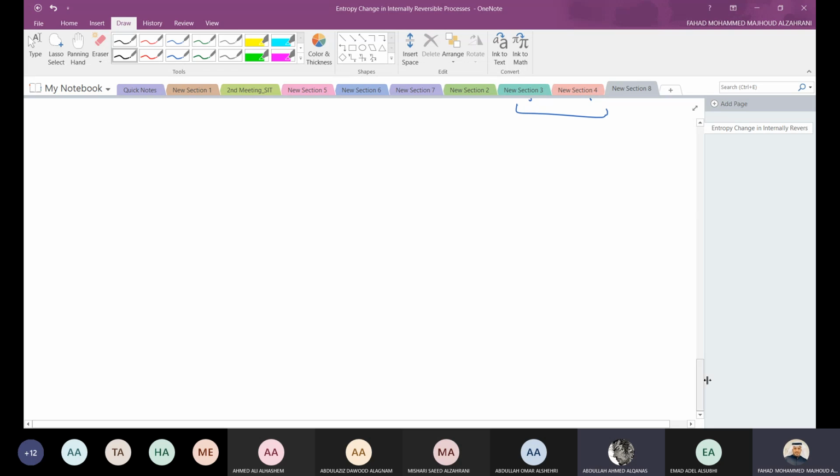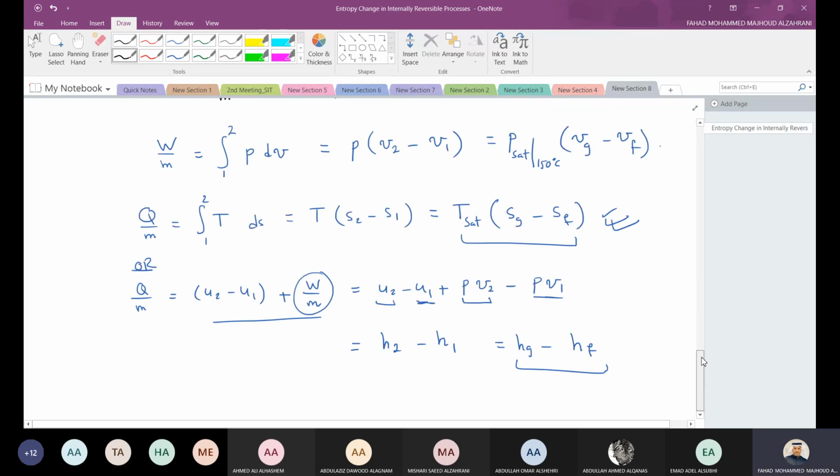I would like to take more examples because we talked about many concepts in the last 4 classes, and there are examples coming. After I introduce the entropy balance, I will take more examples. I have 1, 2, 3 examples, guys. But here the idea of Q and W is an old topic; there is nothing new in the example we took.